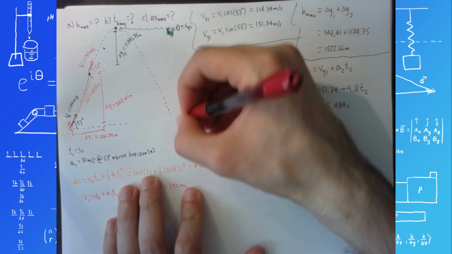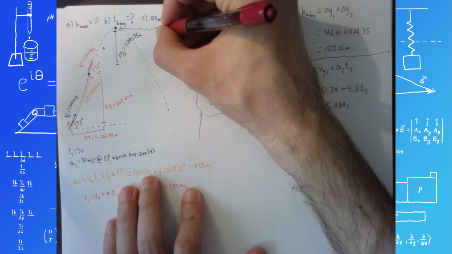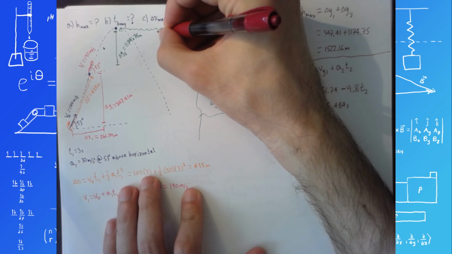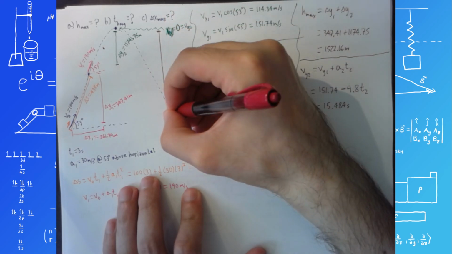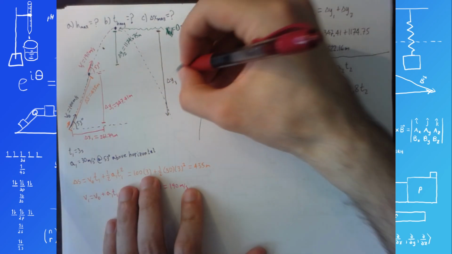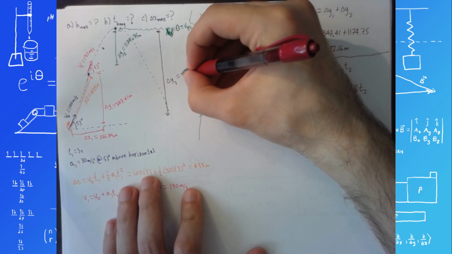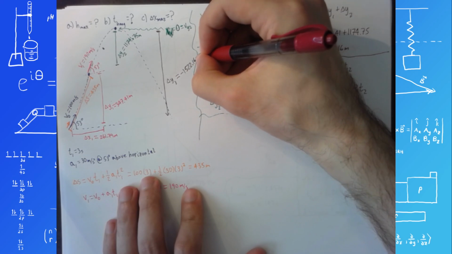Displacement is going to be from the top to the bottom. We already calculated the maximum height, so displacement for phase 3, delta y3, is just going to be negative the maximum height, negative 1522.16 meters.